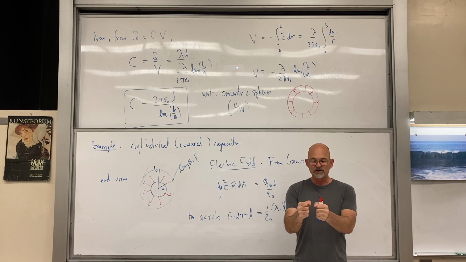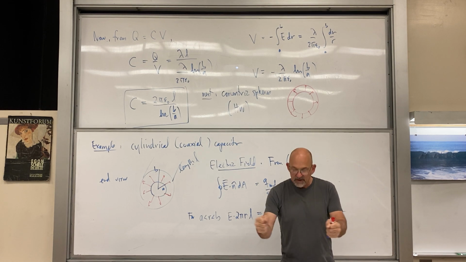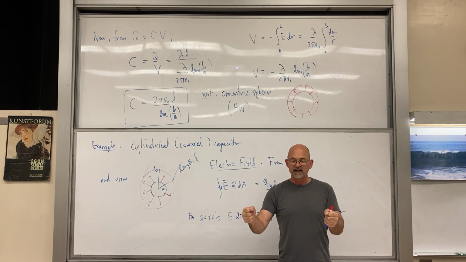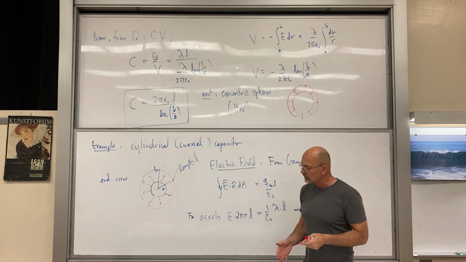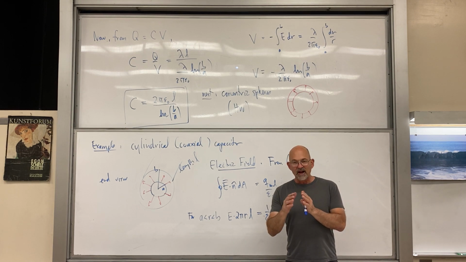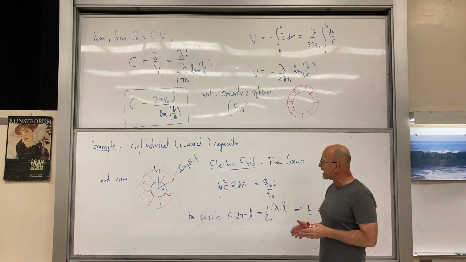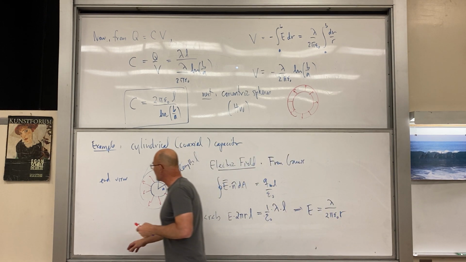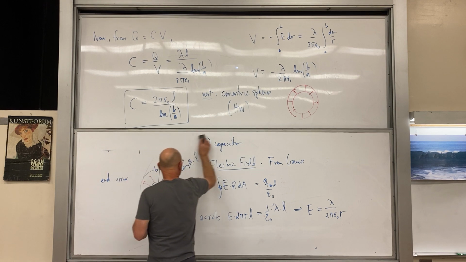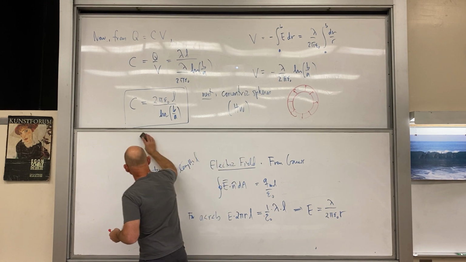If I had two charges, positive and negative, I have to work to separate them. And if I can store that separated charge, I've stored work, which is to say there's potential energy stored. Charge separation represents stored potential energy. So that's our next topic here, and that has something to do with the capacitance as well.